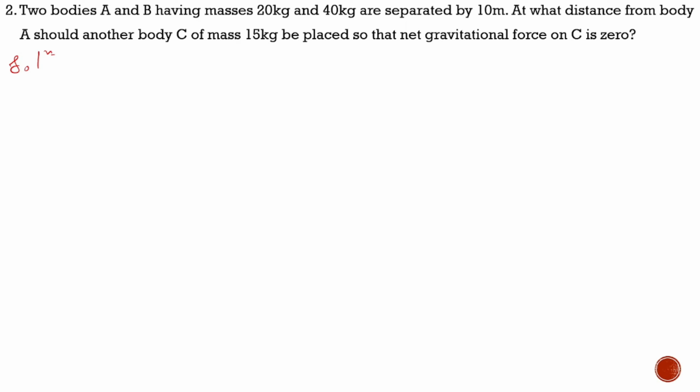So the solution for this one, let us take A and B. What is the mass of A? That is 20 kg. Mass of B is 40 kg. And the distance between them is how much? 10 meters, given in the question.